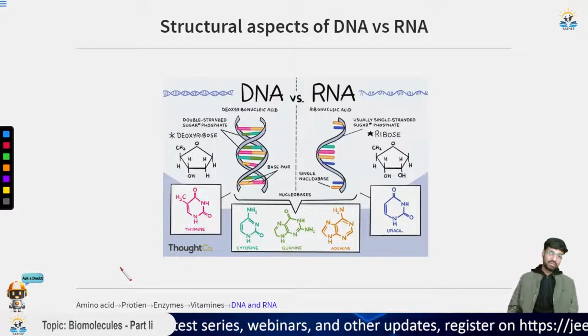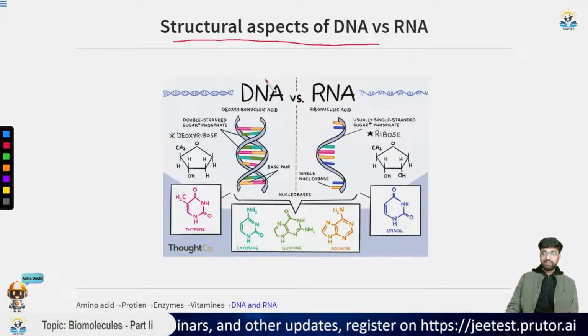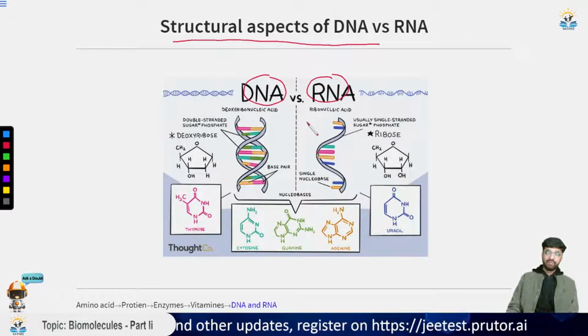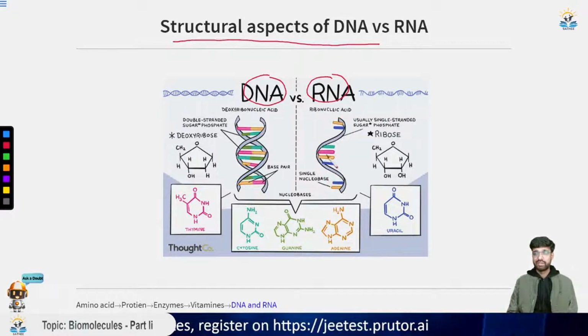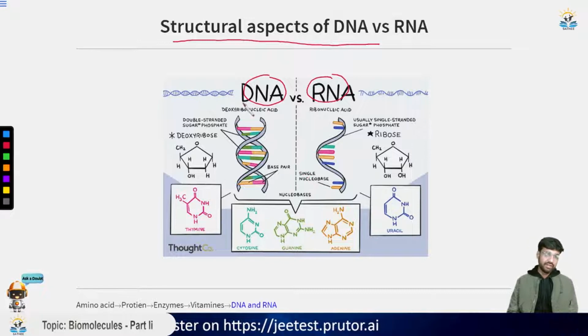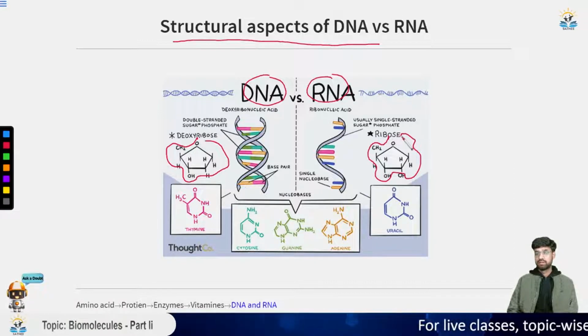Before that, let us look at the structural aspect of DNA and RNA. Suppose this is the DNA, and that is the RNA. The main difference is that there is no hydrogen bonding in RNA, meaning there is no double strand in RNA, only a single strand. In DNA, we have a double strand connected together by hydrogen bonding. For DNA, we have the deoxyribose structure, and for RNA, we have the ribose structure.